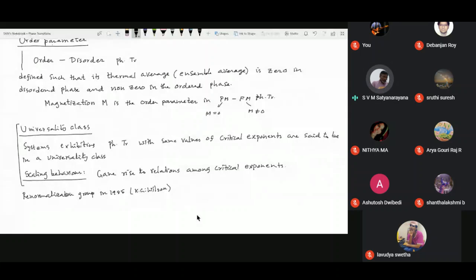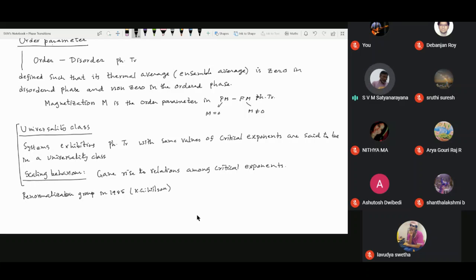So the length scale over which you are looking at the system is not important. Remember that when we started, we said we have only nearest neighbor interactions. So you have a short range interaction, but this is leading to long range correlations at the critical point, and hence the smaller scales are not important.